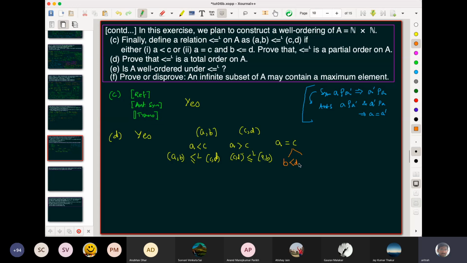One is B less than or equal to D, the other is D less than or equal to B. If B is less than or equal to D, then we already know that AB is related to CD. If B is greater than D, then the opposite will happen: A equal to C and B greater than D, so CD will be related to AB. So in either way, these two arbitrary elements are related to each other. So it's a total order. Clear how to prove?